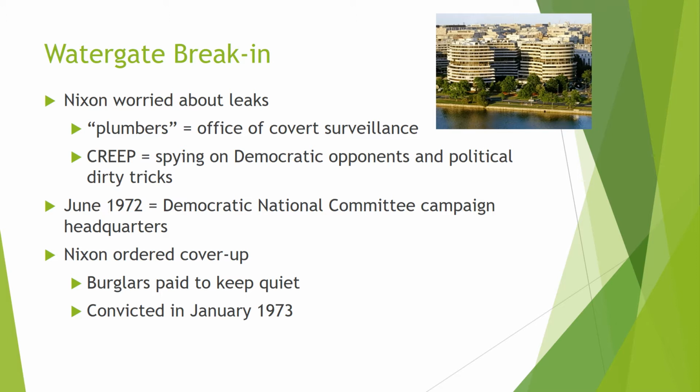The big story comes in June of 1972 when members connected to CREEP break into the Democratic National Committee campaign headquarters located in the Watergate office complex in Washington, D.C. They are there to look through the files, to find out the Democratic strategies, and to bug the rooms and the phones so that they have this constant supply of information about what the Democrats are doing.